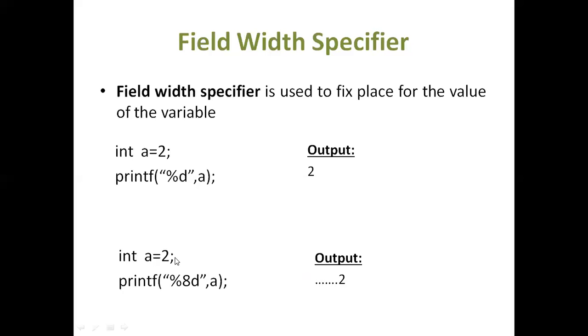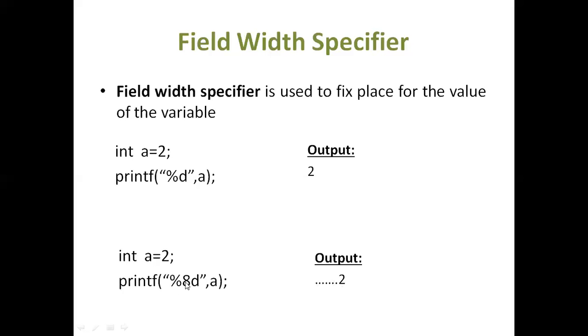If there is the value of 200, this means that there will be 5 blank spaces, and in the last 3 spaces 200 will be printed. If a has the value of 2000, this means that there will be 4 blank spaces, and in the last 4 spaces 2000 will be printed.